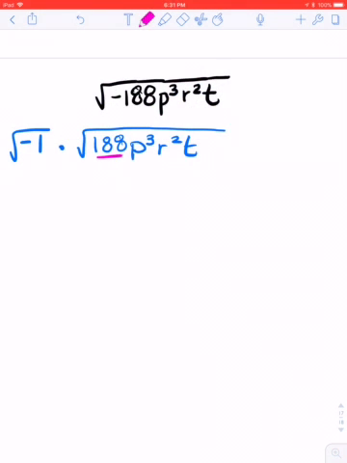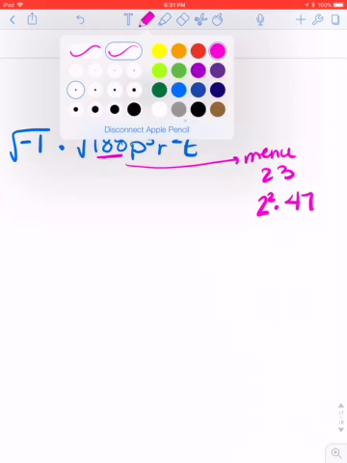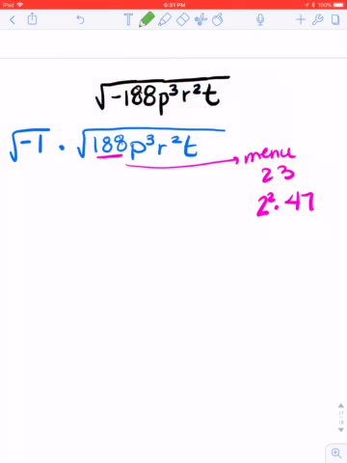Okay, now this number right here, I'm going to take that and do my menu 2, 3. So if I do my menu 2, 3, I end up with 2 squared times 47. Now I'm going to take this and kind of put it all together with this stuff right here. So I'm going to leave the -1 alone, and then I'm going to start going through my factoring.